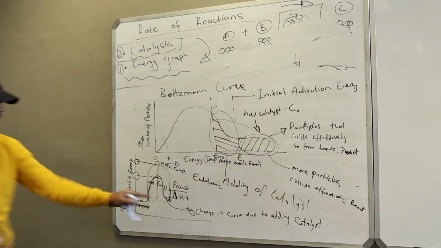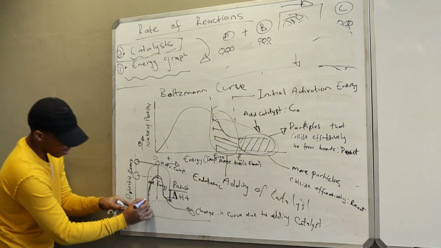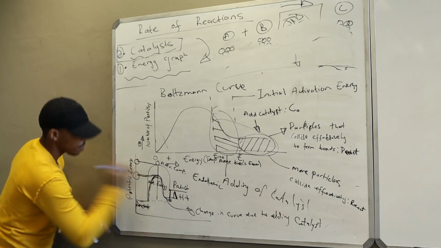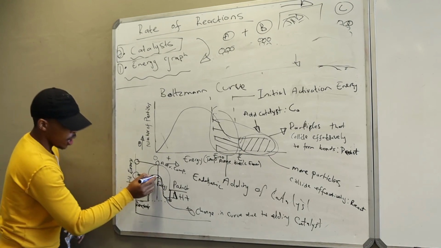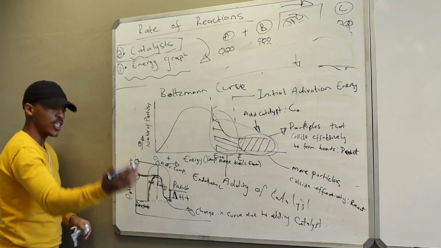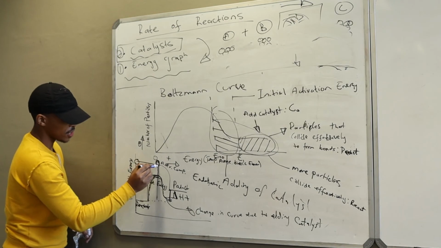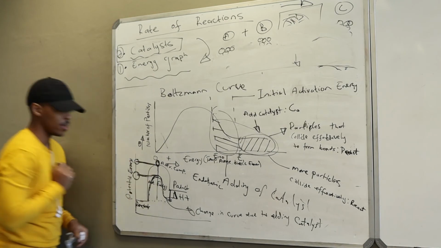Okay, so we added a catalyst. Now the graph requires a lower activation energy right there. Right? A lower activation energy. Initially before it was higher. It had a higher activation energy at this point.